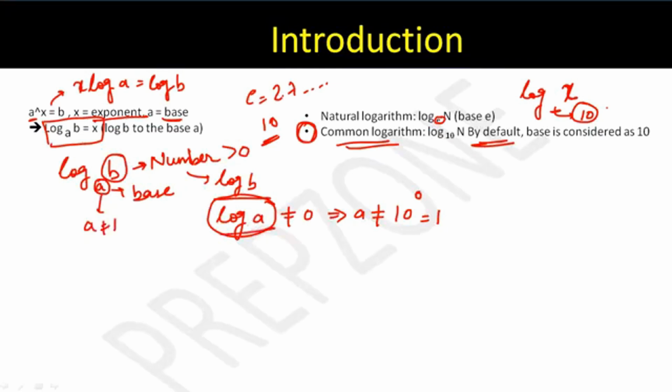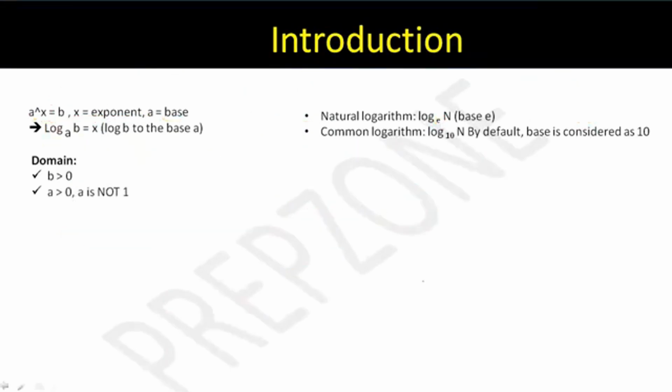Also, for this log a to be defined, as I've just said, a has to be greater than 0. So the base should not be equal to 1, else we'll have a 0 in the denominator, and every variable should be positive. That is the domain of logarithm. So domain we have cleared.